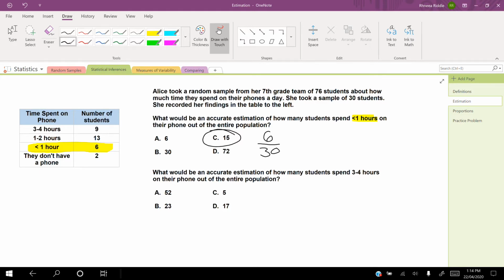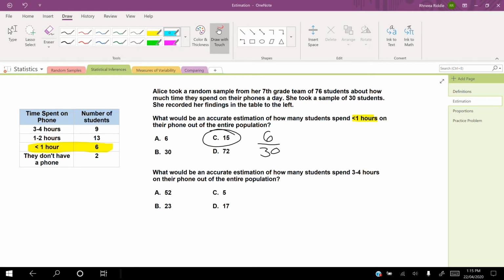So that leaves us with B and C, and just using that sense of, okay, we have 30 students, that's a little less than half of how many we have, we can conclude that 15, or C, is going to be our correct answer. So we want to use the same kind of logic for the next question.